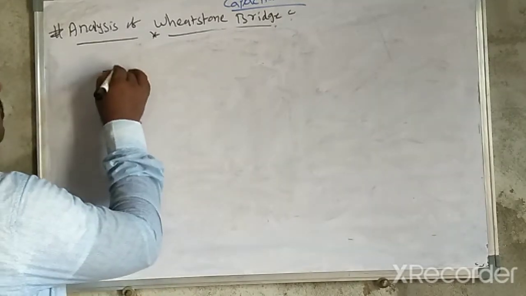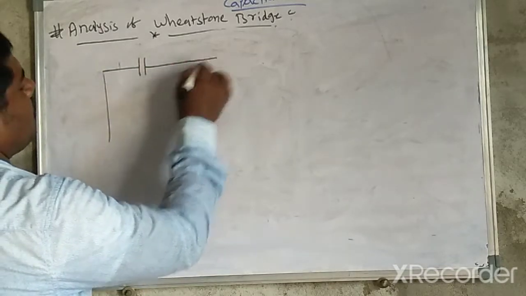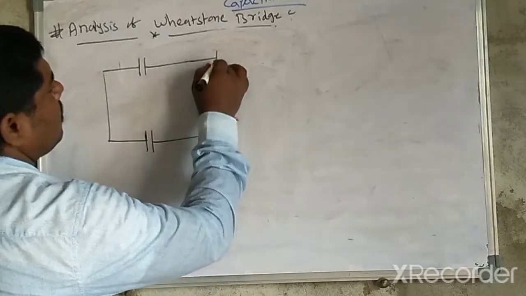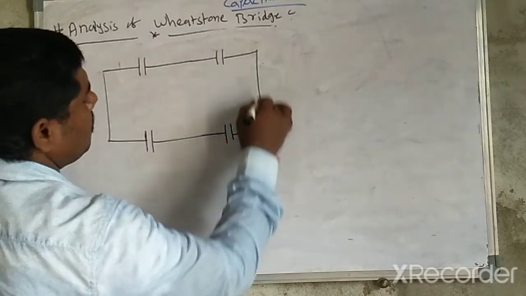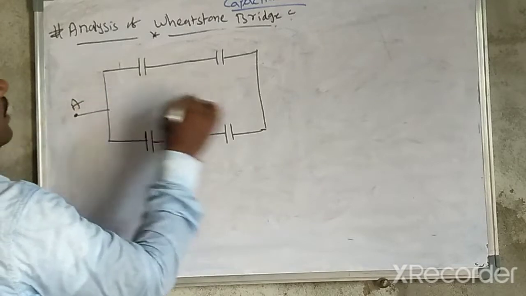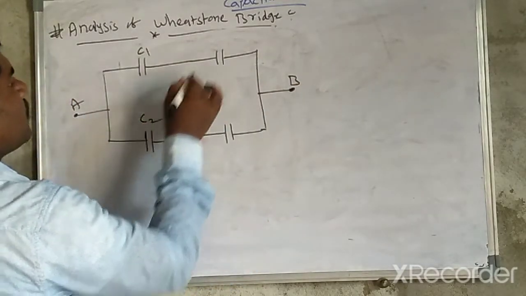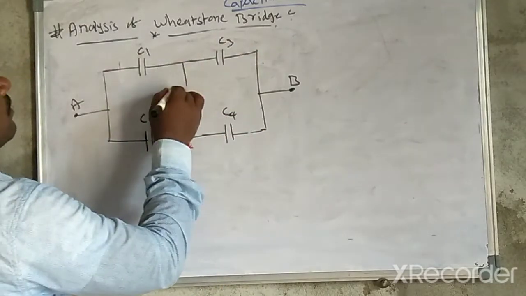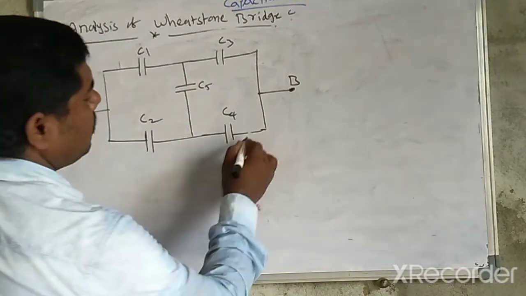This is the first capacitor, this is the second capacitor, this is the third capacitor, this is the fourth capacitor. This point is A, this point is B, these are C1, C2, C3, C4, and here another capacitor, C5.